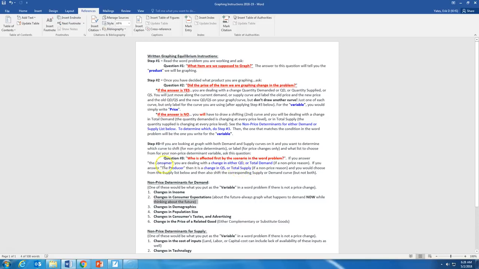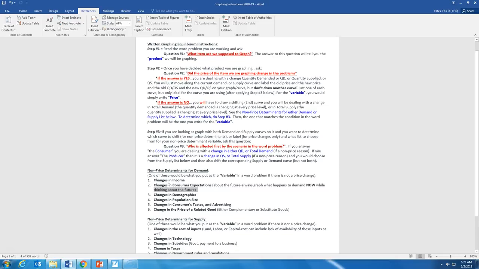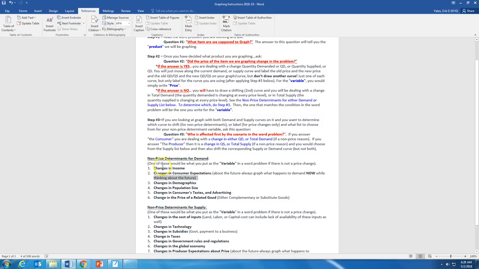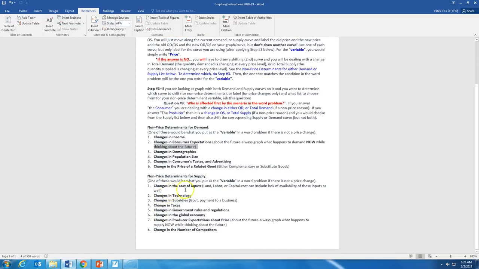So if you answer consumer, we're dealing with the category of demand, and you would either have a price determinant and no shift, or you would have a non-price determinant. If we answer consumer, then we know that we're going to be looking at the demand list for non-price determinants, and we will be shifting the demand curve. If we answer producer, then we're looking at the list down here for non-price determinants for supply, and we would be shifting the supply curve.